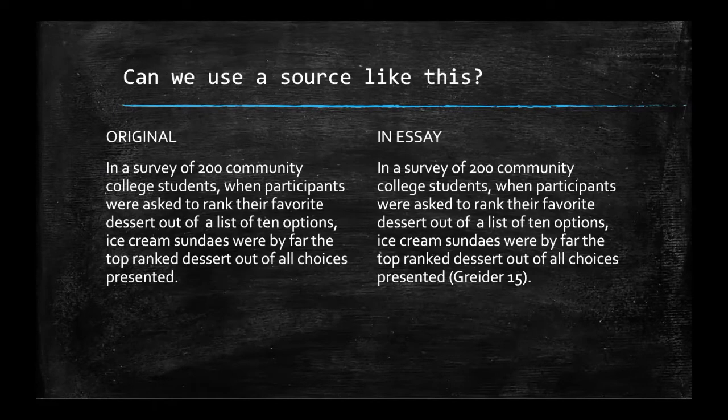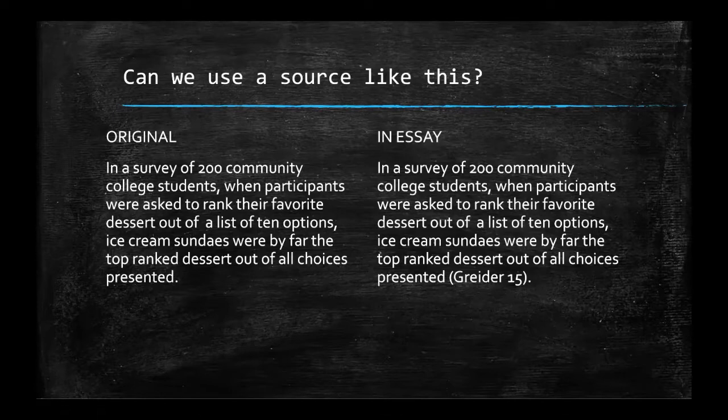So let's do a little exercise to give you some practice with how all of this works. For the next few slides, on the left-hand side, you're going to see that passage we were just looking at from the pretend source about the dessert survey. On the right-hand side, you're going to see an example of how someone might use that passage in an essay.